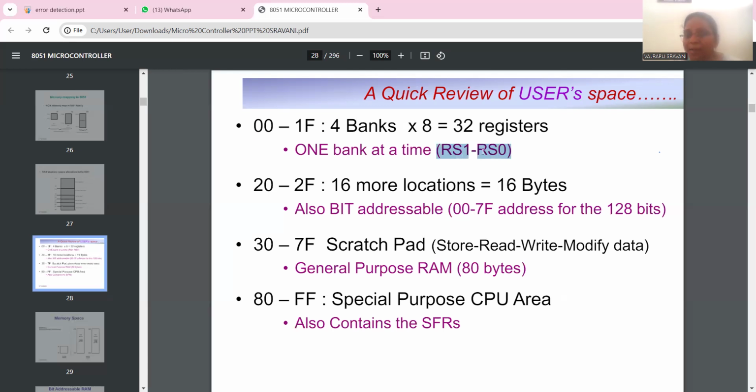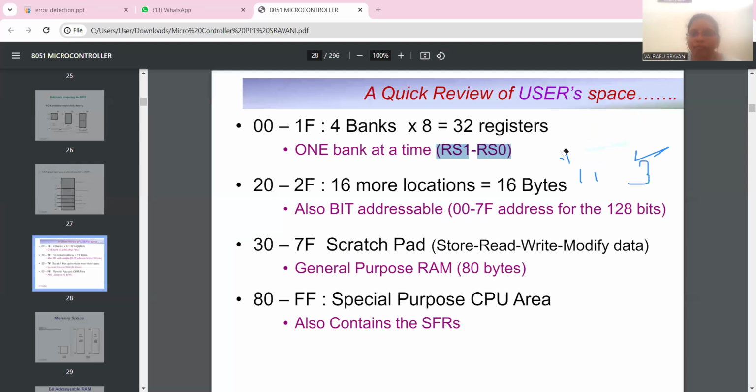So we can choose the banks by using these RS1 and RS0 bits. When RS1 RS0 is 0 0, it chooses bank 0; 0 1 chooses bank 1; 1 0 chooses bank 2; 1 1 chooses bank 3. So banks are selected by using the RS1 and RS0 bits.